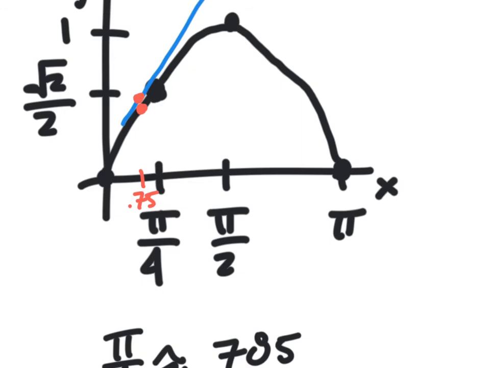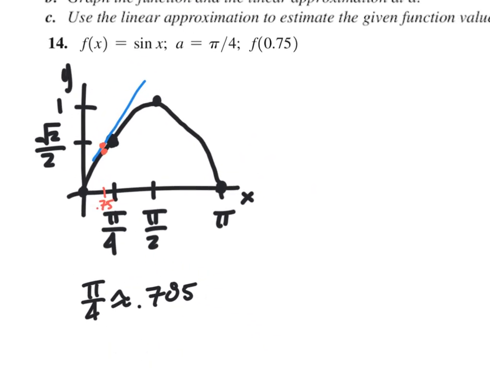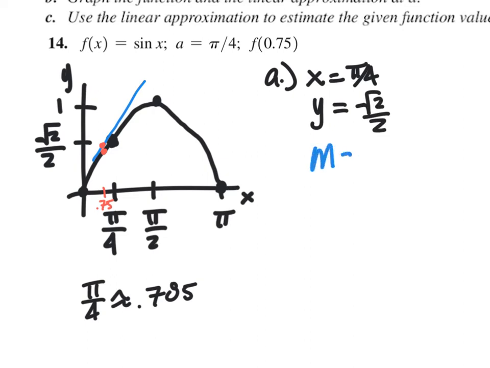Okay, so I'm going to write the equation of a tangent line here. And so let's do this. I know that I have the point, so in part A, let's write the equation of a tangent line. I have my x value of pi over 4. I have my y value of the square root of 2 over 2. I just need my slope, and my slope is equal to f prime of pi over 4.